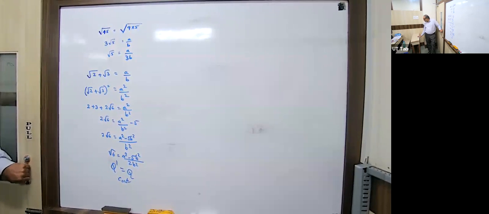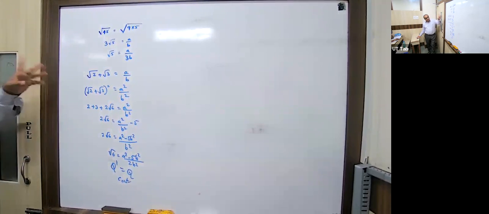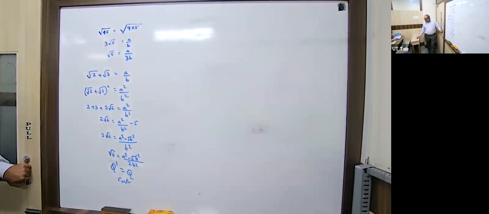You understood? Right in the beginning, you could have done this. You tried to do squaring afterwards. ठीक है? So right in the beginning, जैसे हमने 3 plus root 2 the whole square वाला एक्सप्लेन किया था, लेकिन 3 minus root 2 उसको वैसे करना. Clear? Any other doubt? Yes.